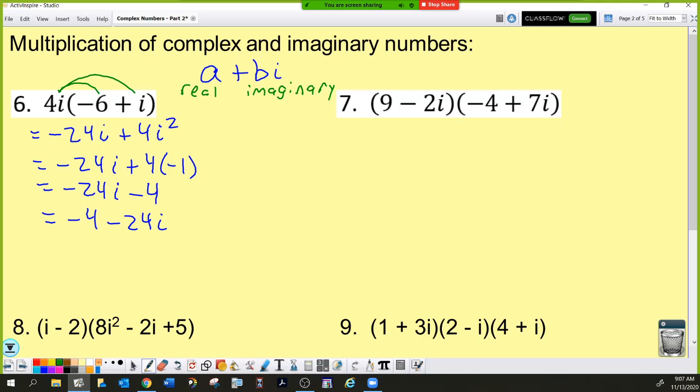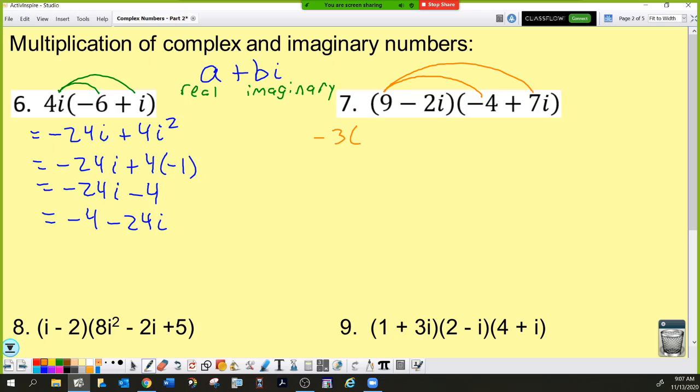Now, for number 7 here, I have 2 sets of parentheses next to each other. What operation do we use for 2 parentheses next to each other? It's multiplication, but what's the special word that math teachers use for this? It's an F word. FOIL. So 9 times negative 4, 9 times 7i.